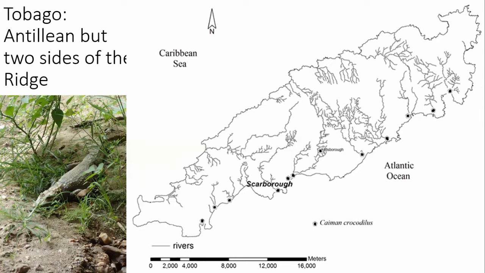And in a recent paper we had genetic samples from Tobago and Trinidad, as well as other parts of South America. And what we saw was the caimans in Tobago were more closely related to the caimans in South America than to Trinidad. All right, so it means the colonizing zone for caimans in Tobago might actually be from South America, not Trinidad.